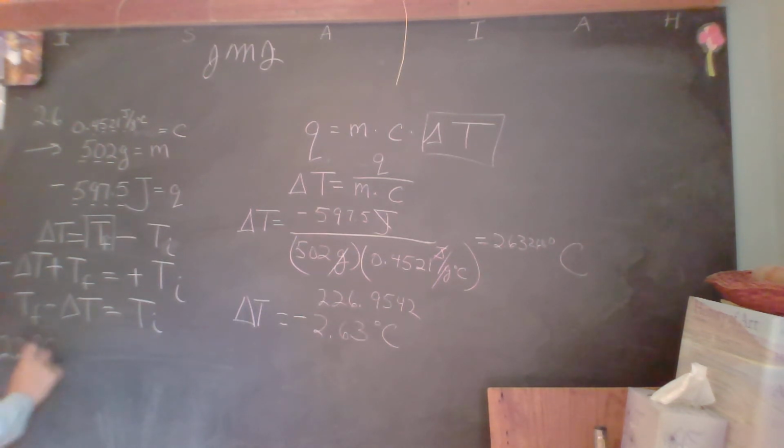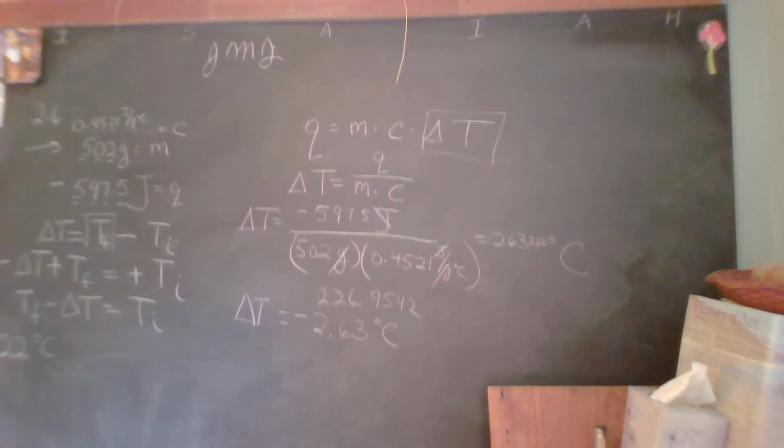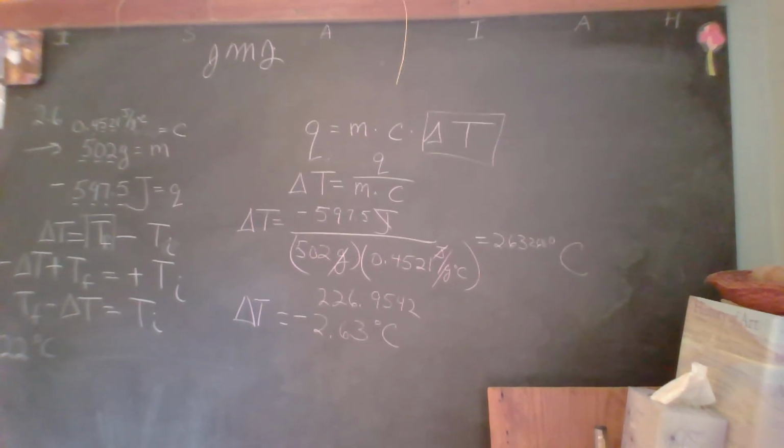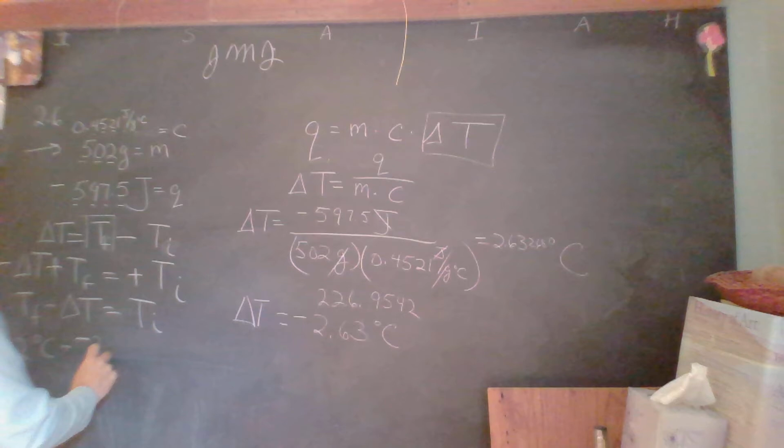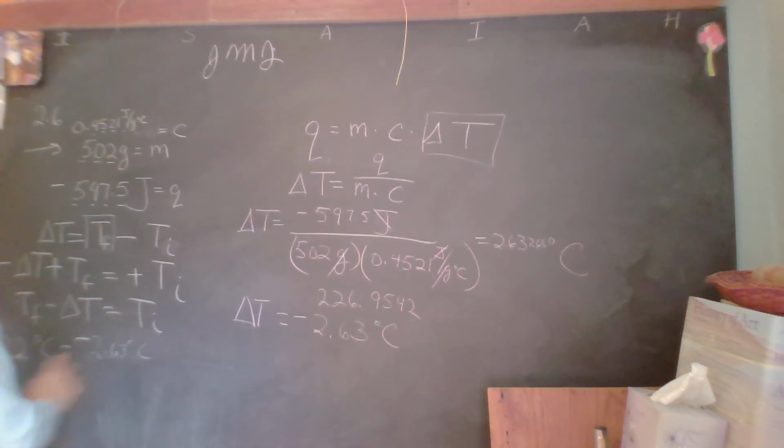We're told that the final temperature is 22 degrees Celsius minus negative 2.63 degrees Celsius. We're going to add that basically. That gives us 24.63 degrees Celsius positive.